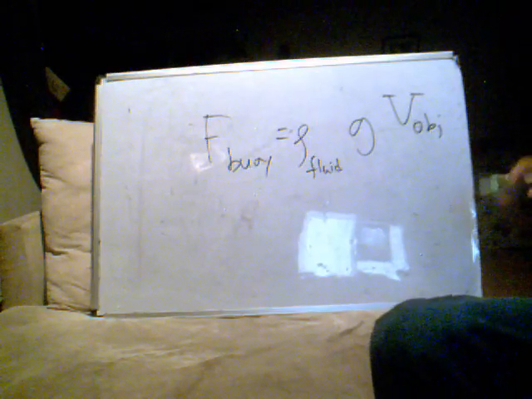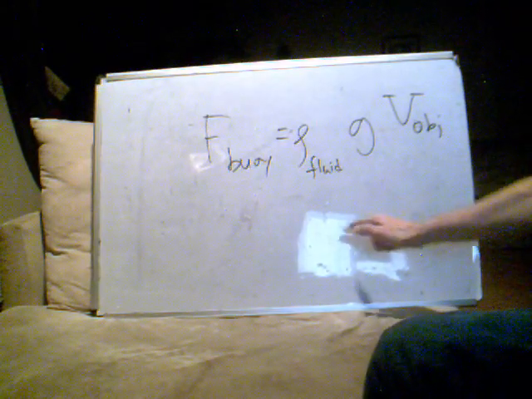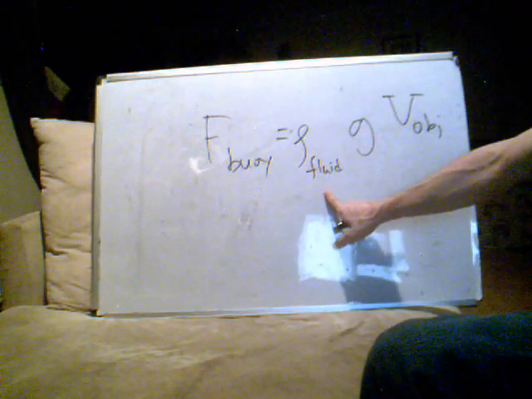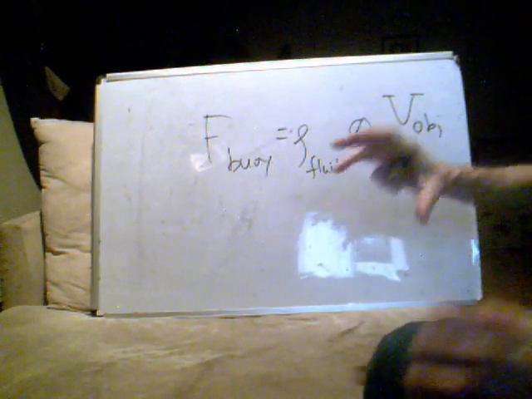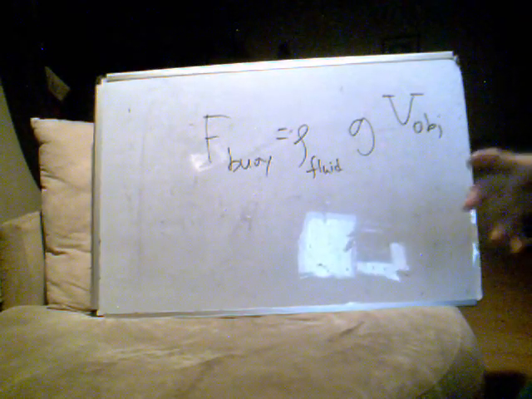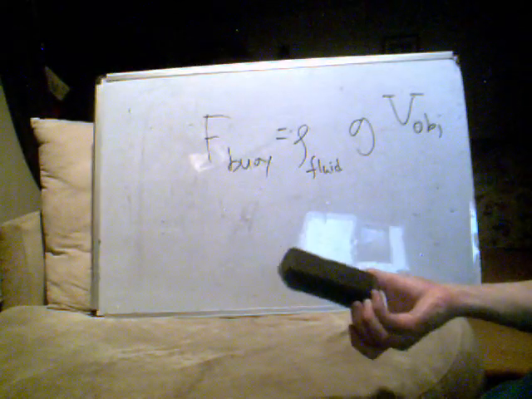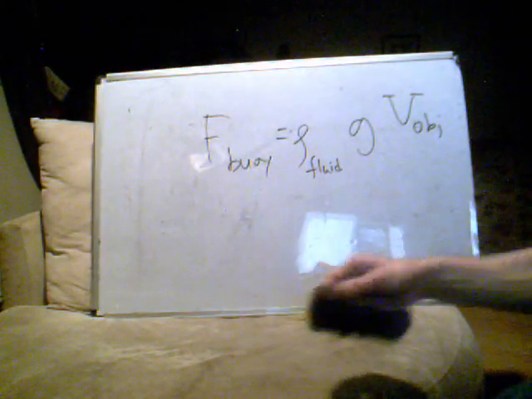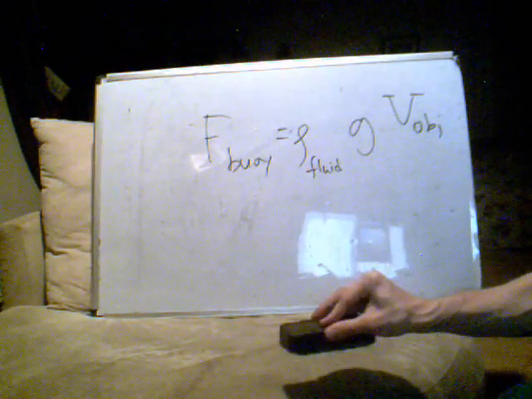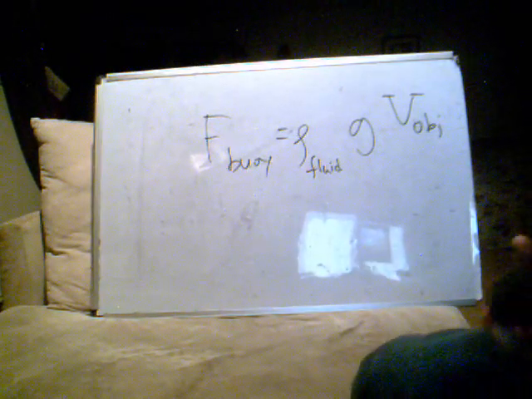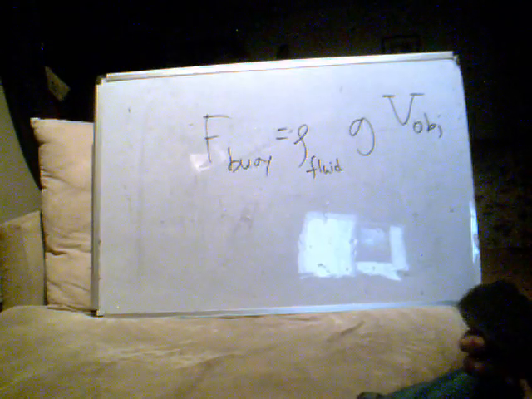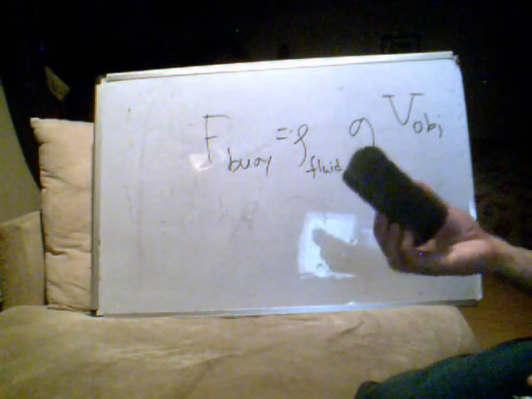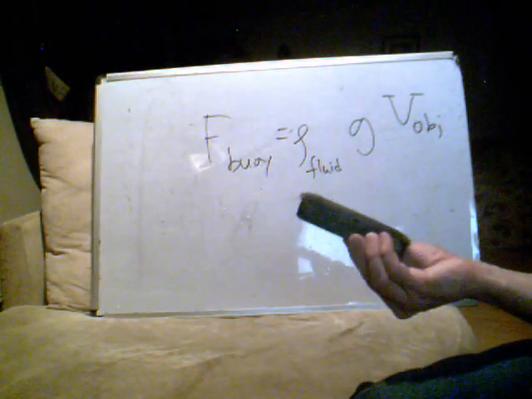Now, if we want to think about this carefully here, we're talking about the density of a fluid times the volume of an object, right? So let's say you take, I don't know, this eraser, right? And you immerse it in water. You submerge it below the surface of the water. It's going to displace an amount of water equal to its volume, right? The volume of the object.